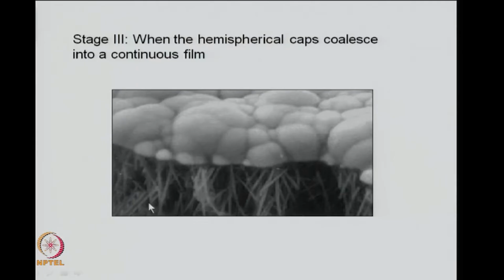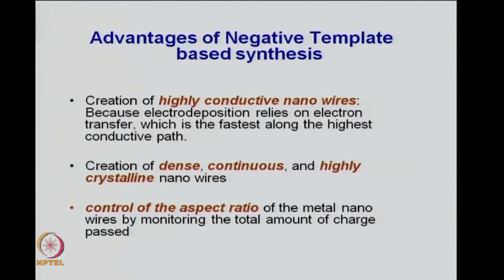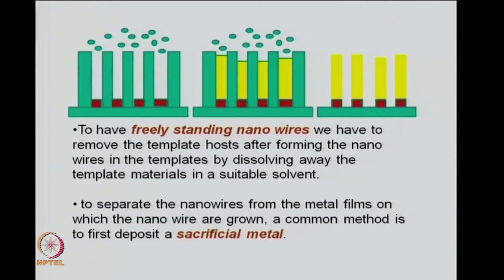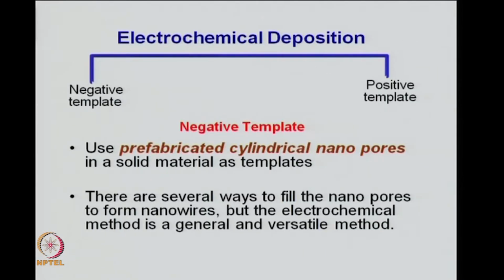So, at the bottom you have these cylindrical rods which are the nanowires, and on top you have these mushrooms which have coalesced with each other to form like a blanket on top of these nanowires. This is stage 3, when you have completely wetted the whole membrane with these flowers or mushroom-like structures.